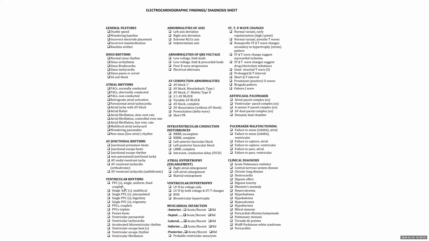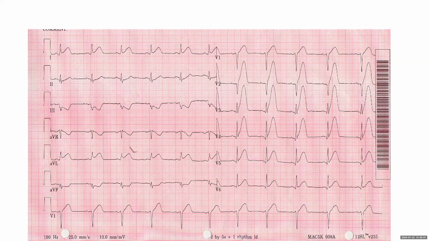Any questions about this ECG? Clear. Not for the coding, but just a quick teaching point. So what do you think about the T waves in the precordial leads? Hyperacute. Yeah, good for you.